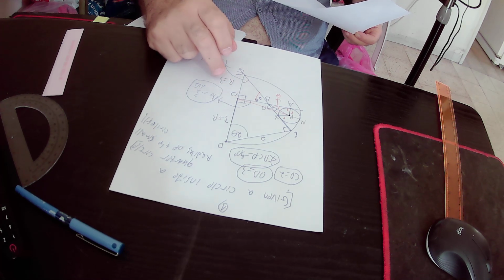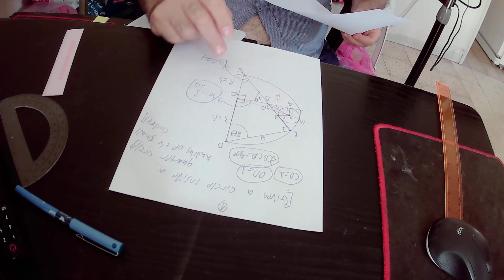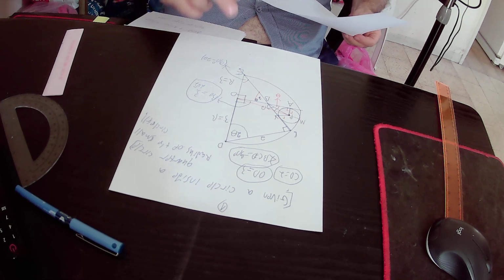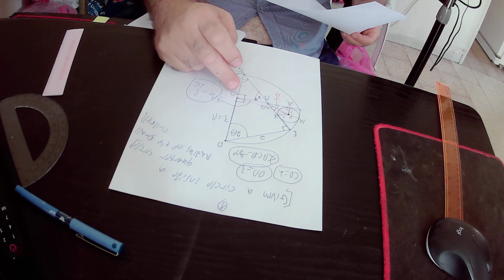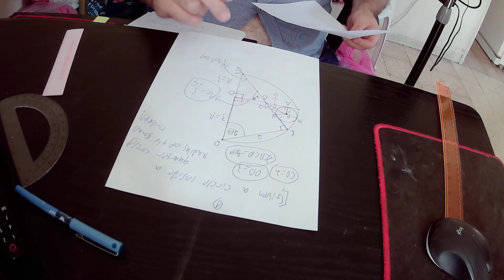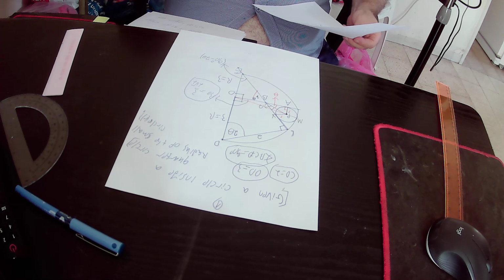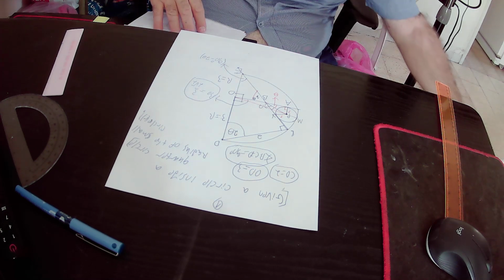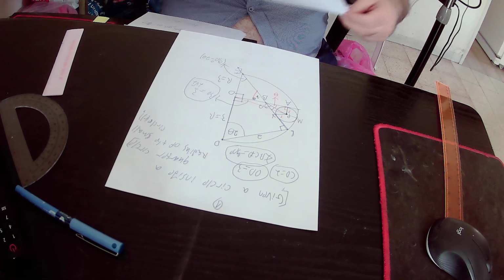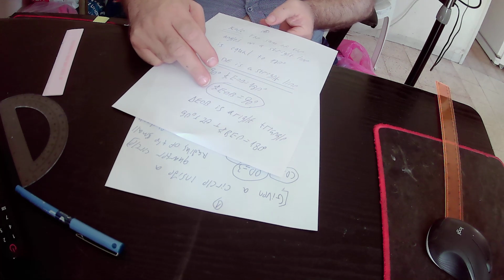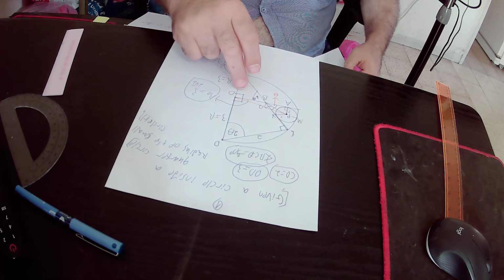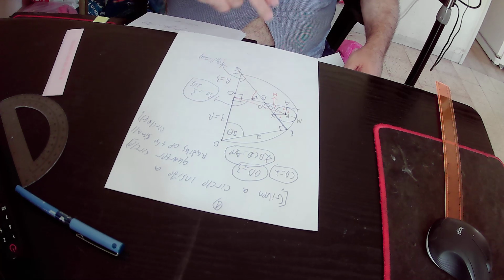So 90 degrees plus the size of angle EOB must equal 180 degrees. If we subtract 90 degrees from this equality, we get that angle EOB equals 90 degrees. So this angle is a right angle.